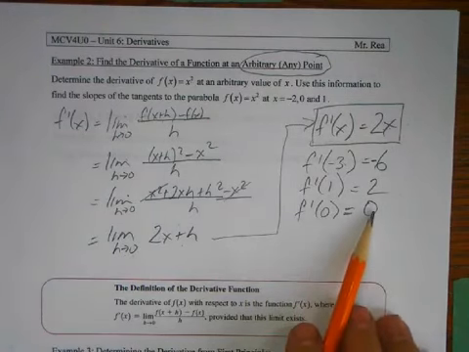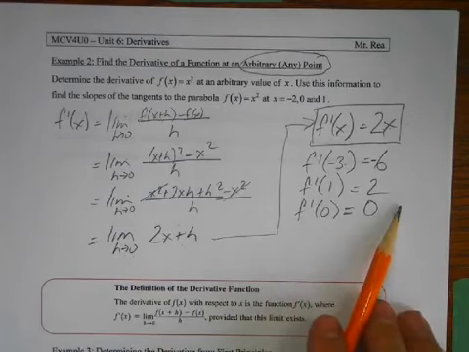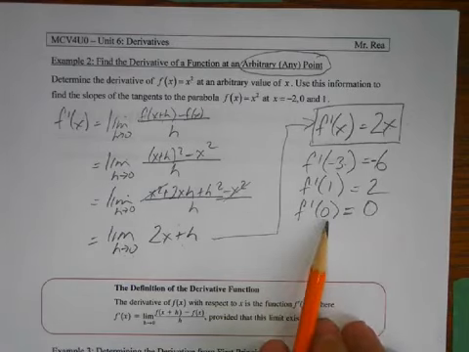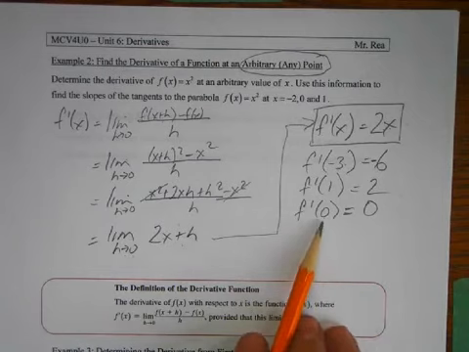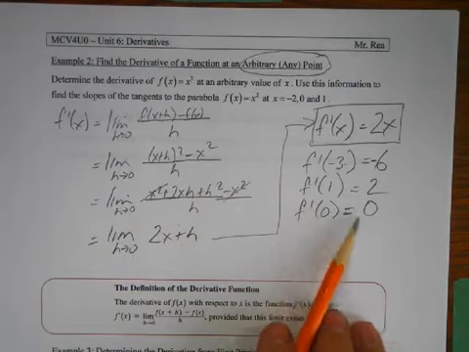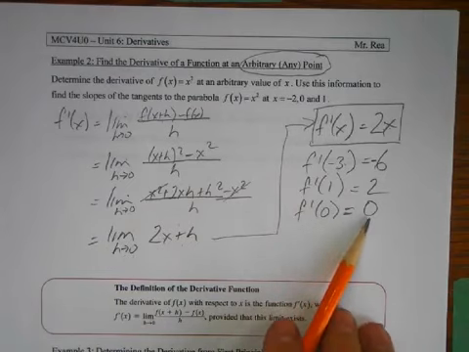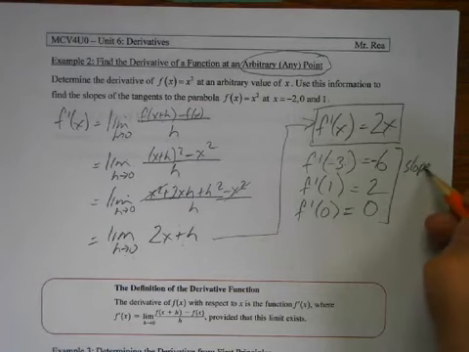Or the instantaneous rate of change at x equals 0 is also 0, because later on we'll realize that's where the vertex is for f of x equals x squared. That's where the function changes direction, so the slope of the tangent is 0. Okay, so these are all slopes of tangents at the various values of x.